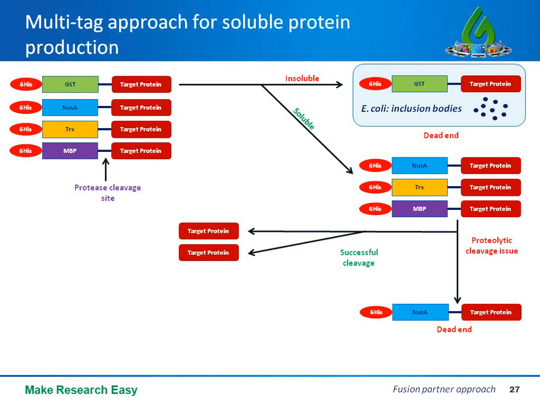Both of those cleave, but one of them precipitates out of solution post cleavage, while the other yields pure soluble protein. So now you have one good construct that you can work with, and that's the advantage of trying a parallel approach using multiple constructs at once.